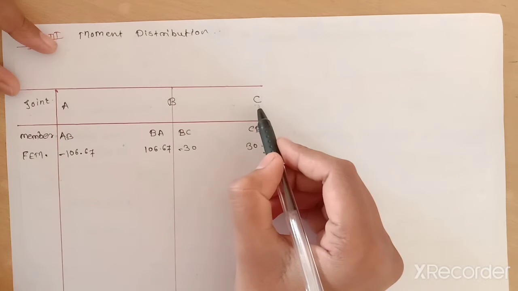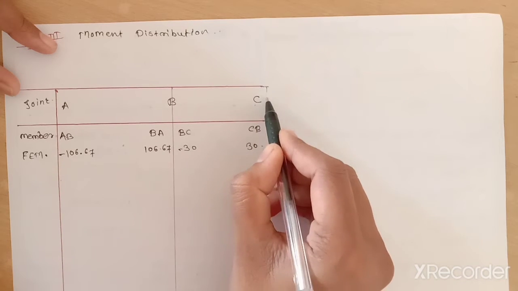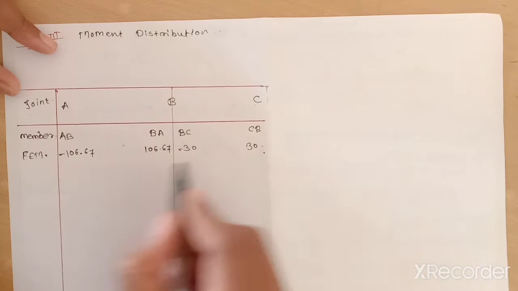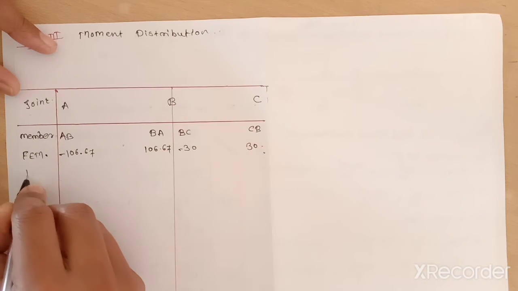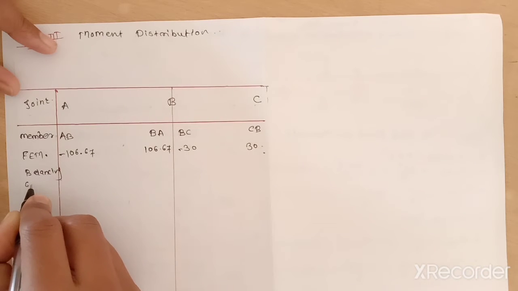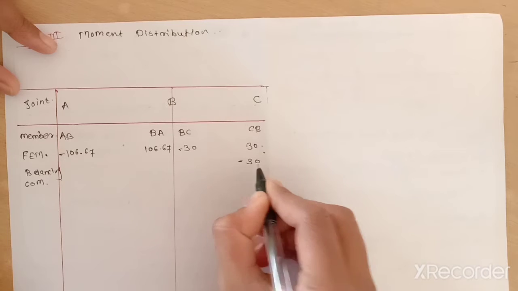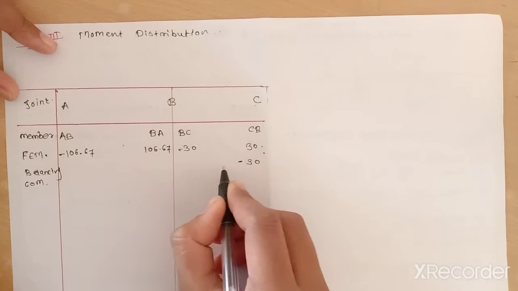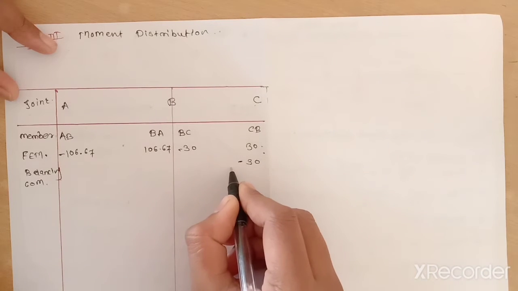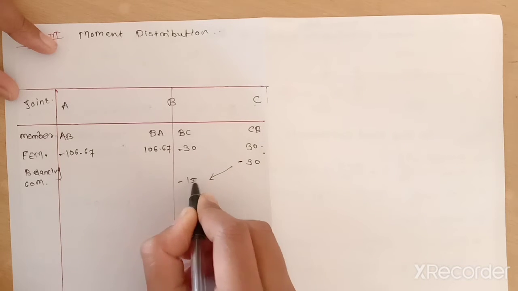Here our C support is a roller support. This is not our fixed support, so that's why we require to balance this movement. So here balancing, coefficient of movement. So that's why here we take minus 30. Then next, minus 30 divided by 2, this factor is there, minus 15.